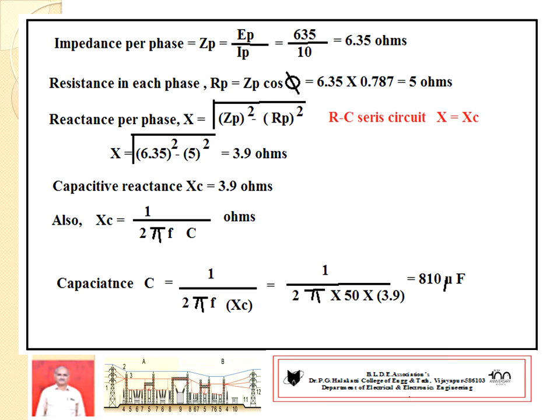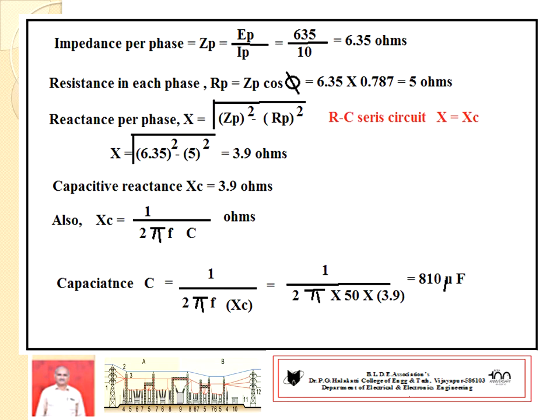Now reactance per phase. This is not an RL circuit, sorry, it is an RC circuit. Z equal to under square root of R square plus XC square. So XC equal to square root of Z square minus R square.